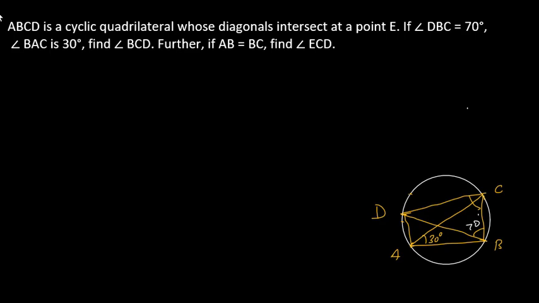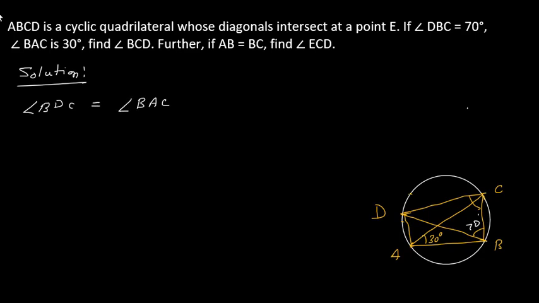So again I will jump to the solution. Now you can easily figure out that angle CAB and angle CDB are both equal because they are in the same arc, or angle subtended by the same arc BC. So I will say that angle BDC is equal to angle BAC.